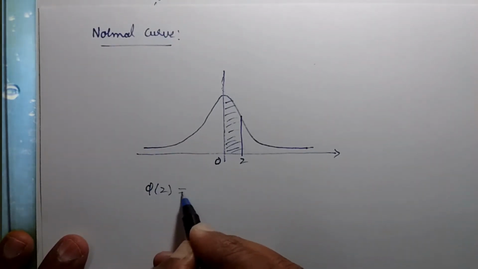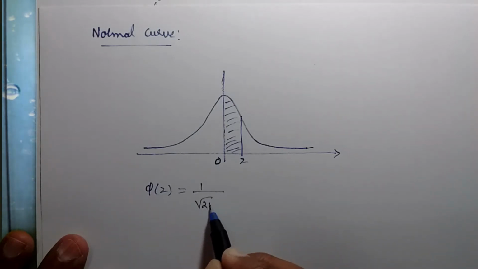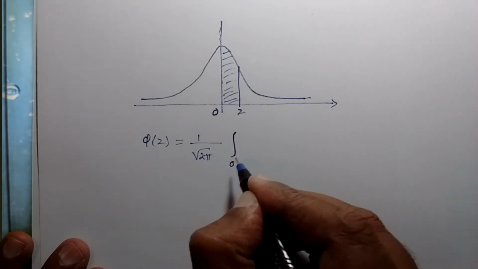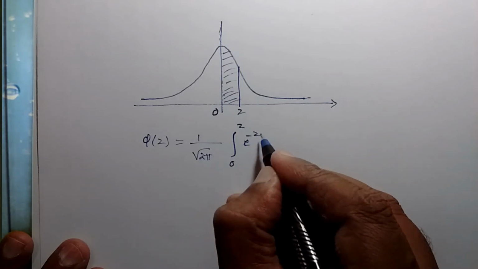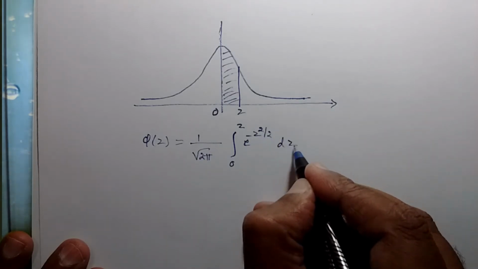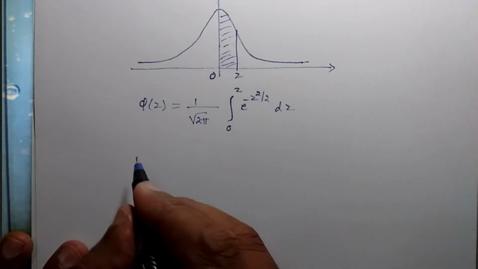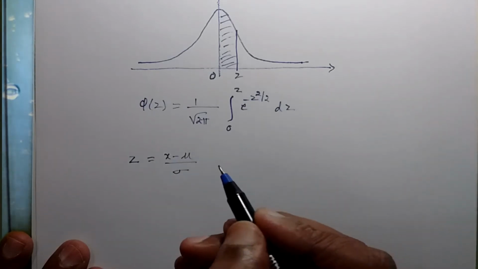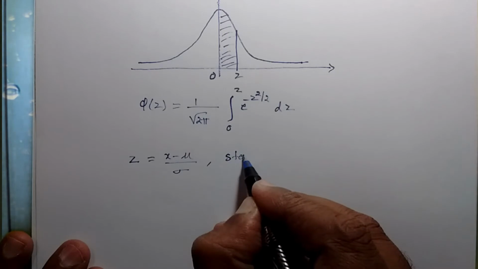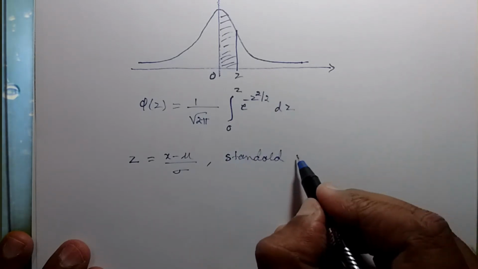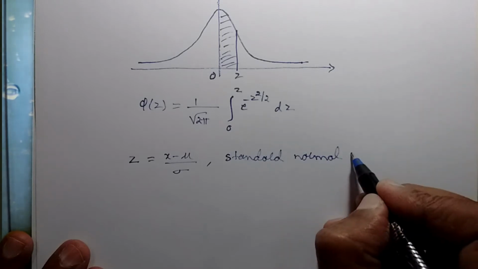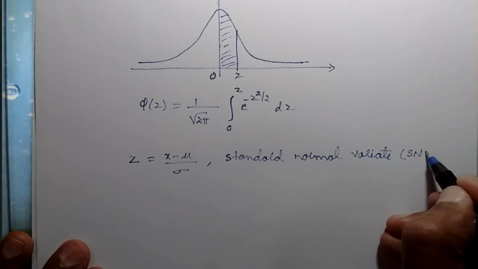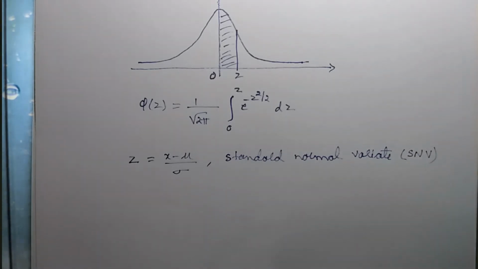Phi of z is equals to 1 by square root of 2 pi, integral of 0 to z e power of minus of z square by 2 into dz, where the value of z is x minus of mu divided by sigma, and this z is called the standard normal variate, or in short SNV, standard normal variate.